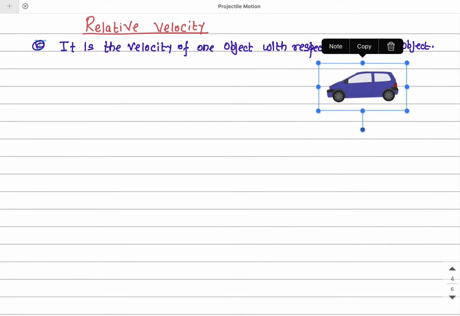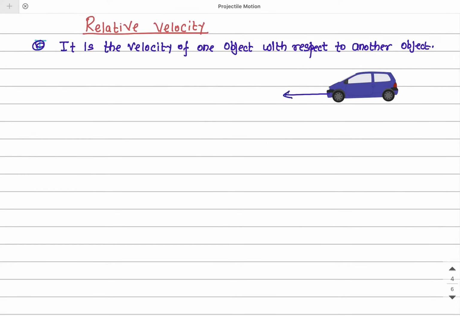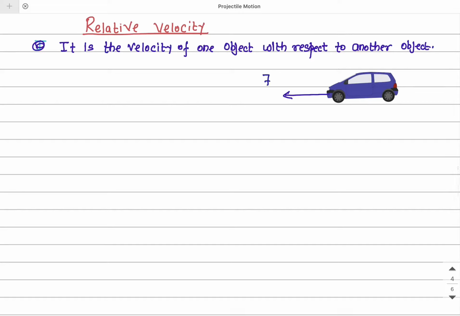Let's say we have a car here, and this car is moving with 75 miles per hour with respect to an observer, who is sitting or standing here.